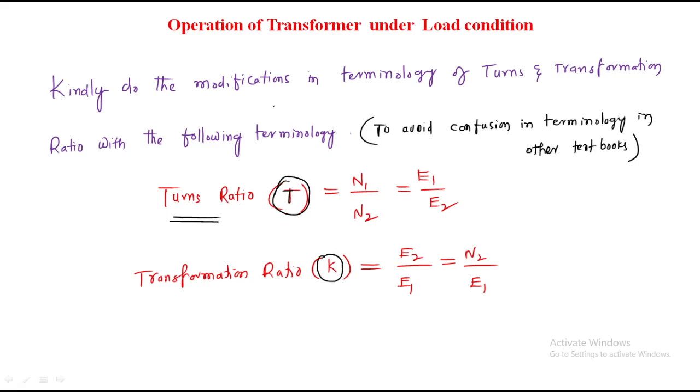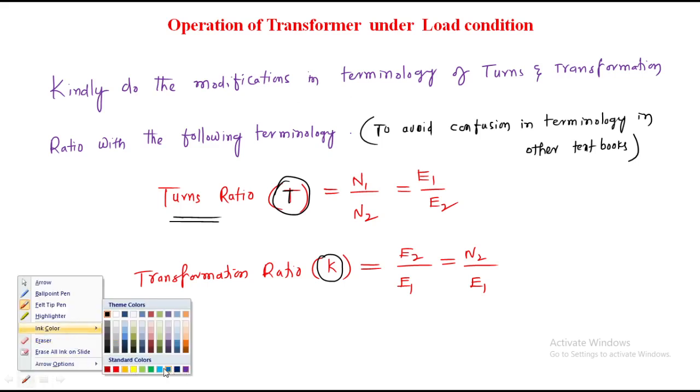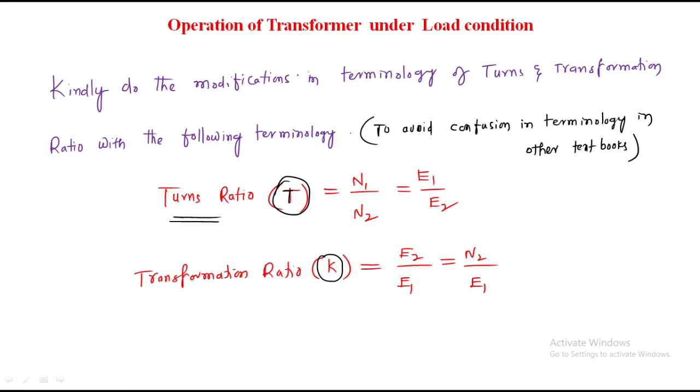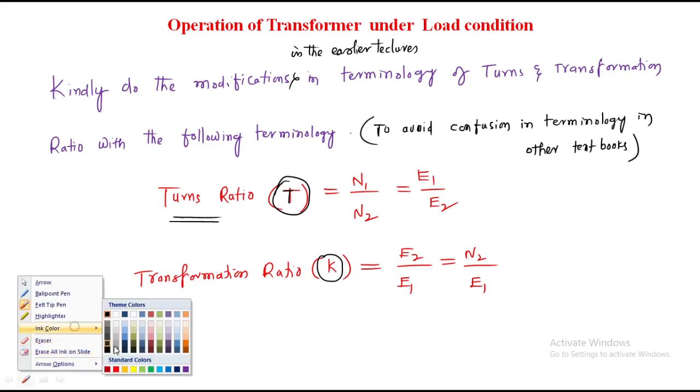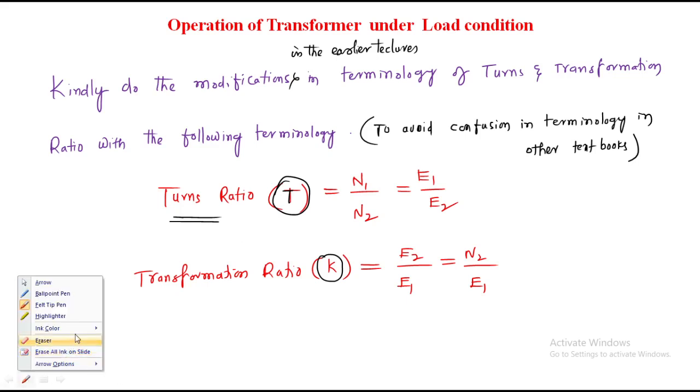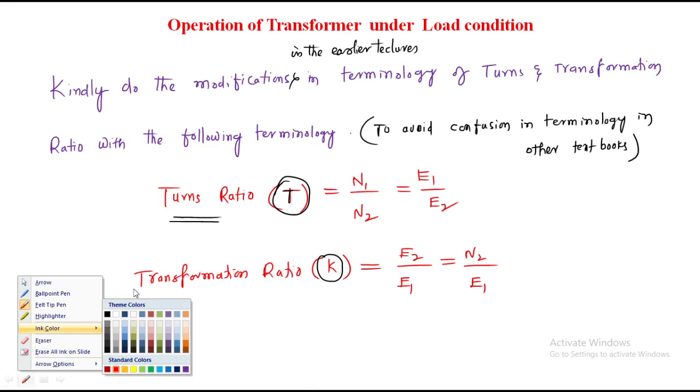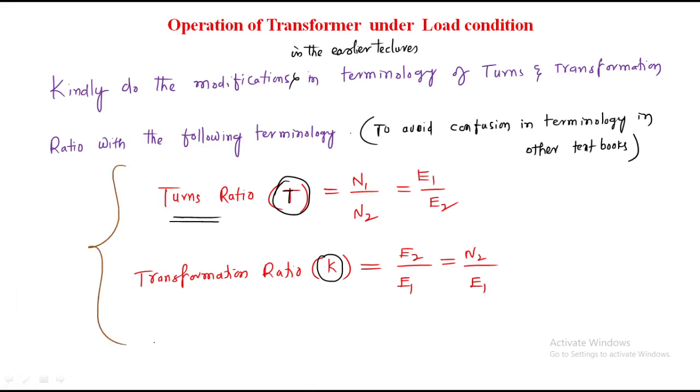So kindly do the modifications in the earlier lectures. This is the modification. From now onwards, transformation ratio is K, which is E2 by E1, N2 by N1.